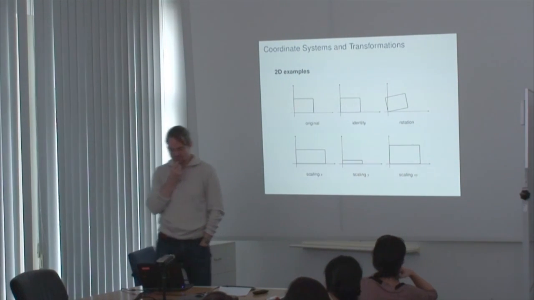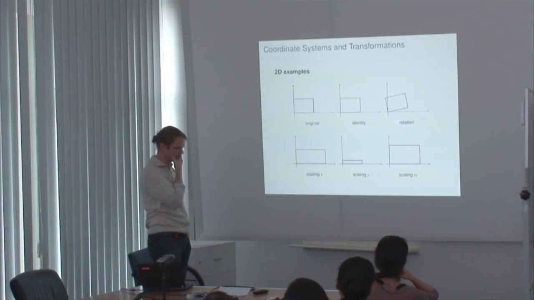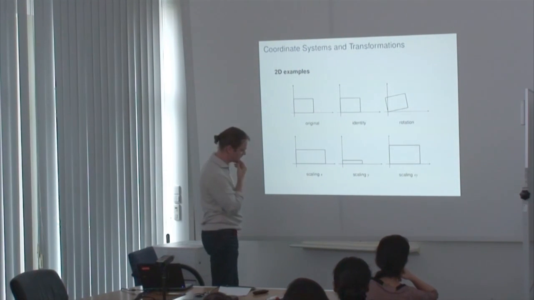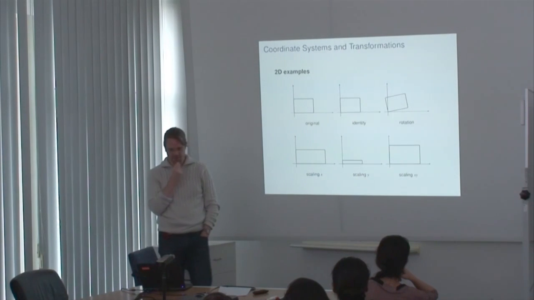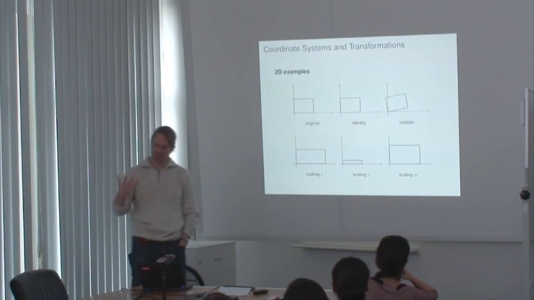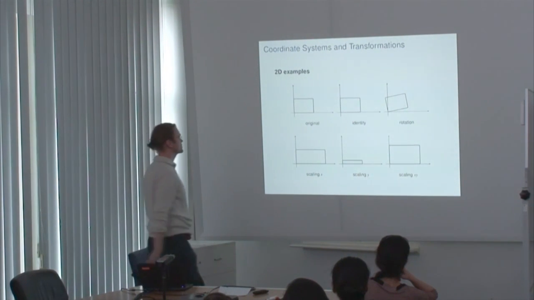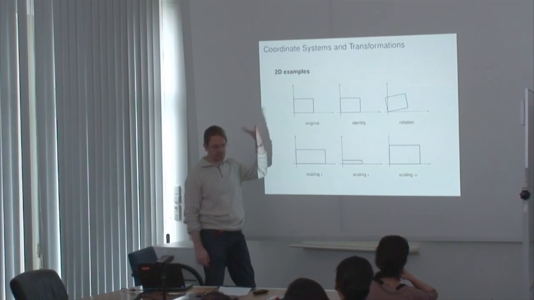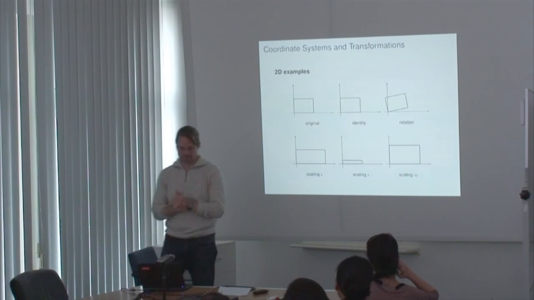Our brains should be able to see the 4 corners of this rectangle. And now let's see how these 4 points look if we apply different kinds of affine transformations. First of all, the simplest thing we can do is doing nothing. Nothing will happen. Everything will look the same.